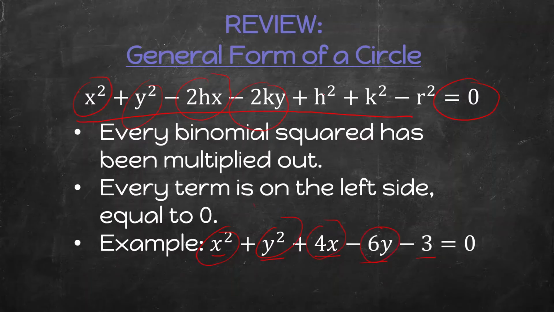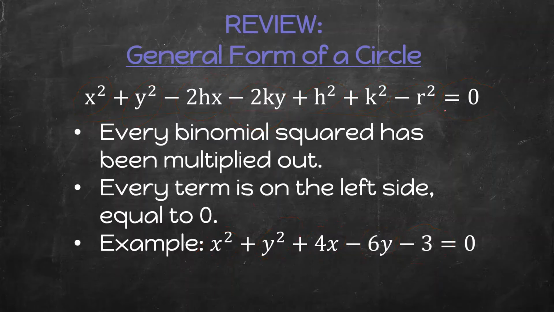Yung h squared natin plus k squared natin, basically, kaya siya hindi nakalagay dito kasi evaluated na siya. Yung h squared, yung k squared, ay yung r squared. Pinag-isa lang natin. In-evaluate na natin. Kasi mga number yan, di ba? So, pwede natin silang i-evaluate.